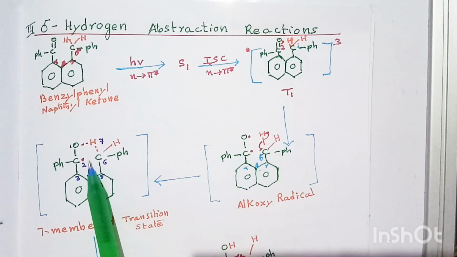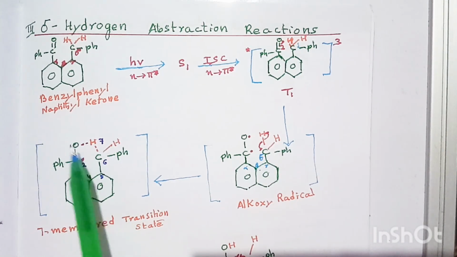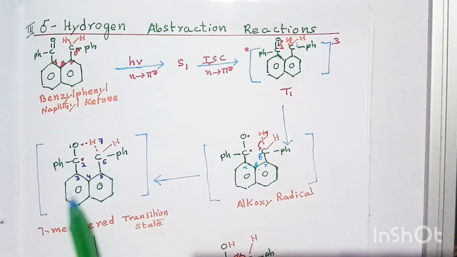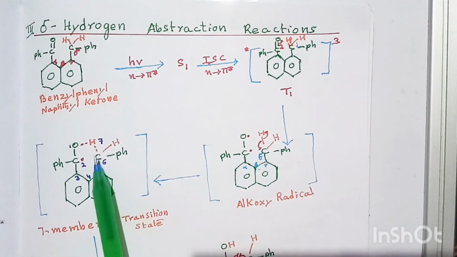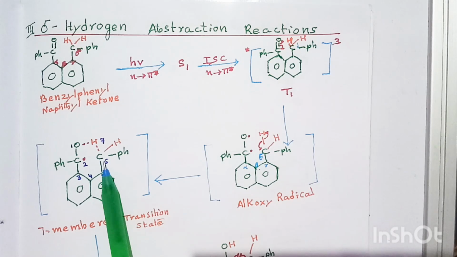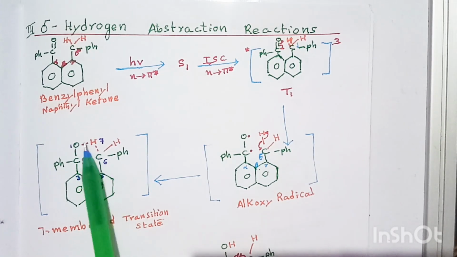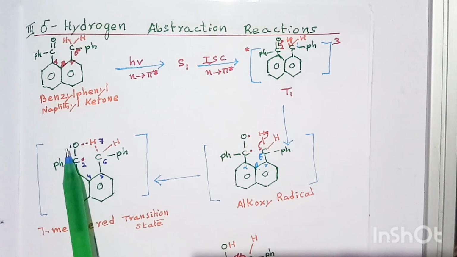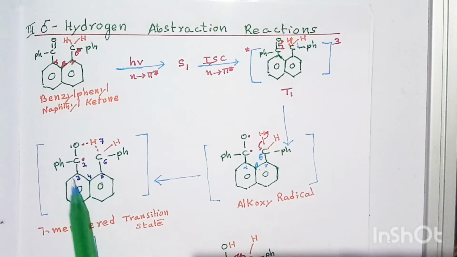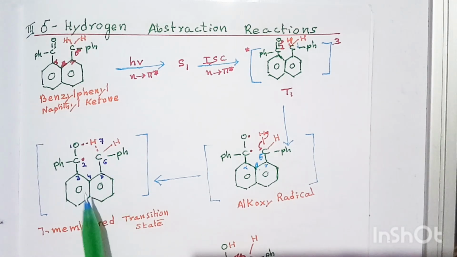So we get a cyclic transition state, that is, the hydrogen is attached partially to the delta carbon and partially to the oxygen atom. As a result we get 1, 2, 3, 4, 5, 6, 7, so a 7-membered transition state is formed.